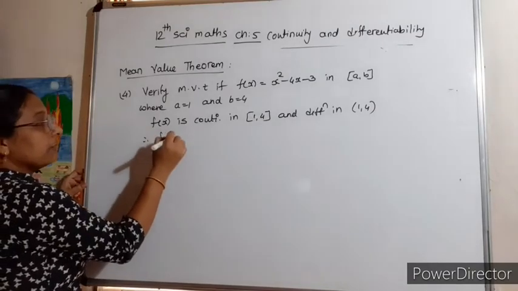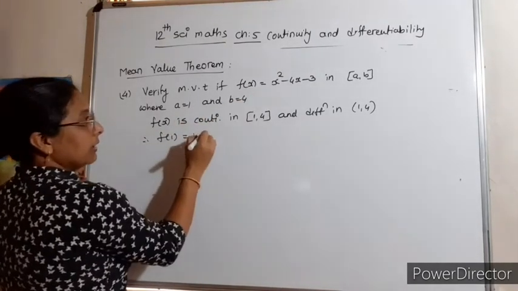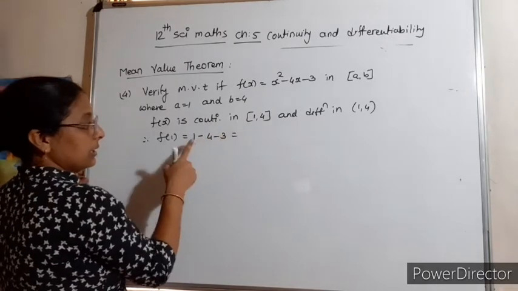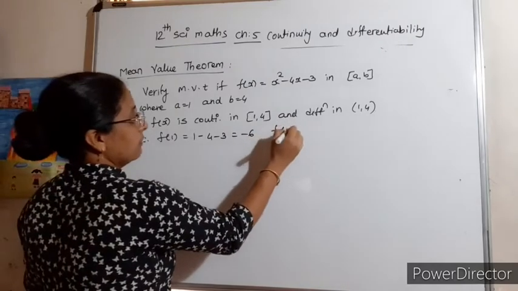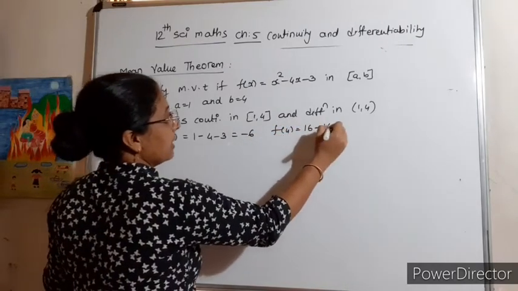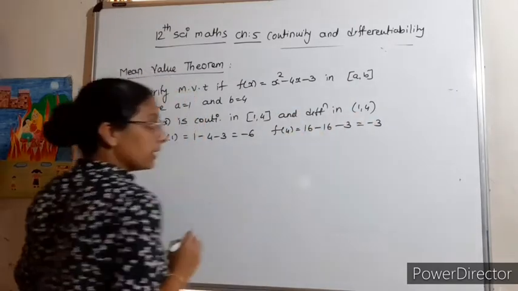Now we'll find f of 1, that is 1 minus 4 minus 3, which is minus 6, and f of 4 is 16 minus 16 minus 3, so it is minus 3.